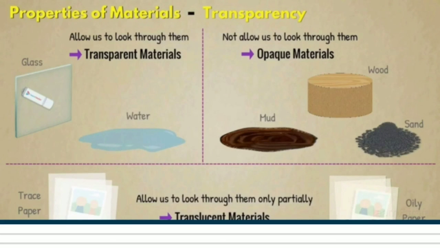Objects on the other side of translucent objects can be seen but not very clearly, like oily paper, certain type of designed glass, tissue paper, etc.